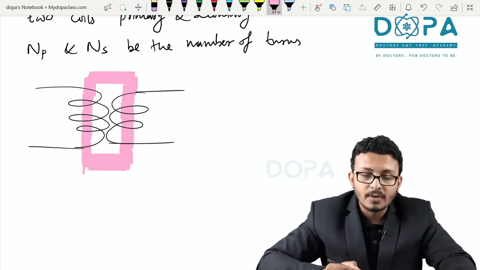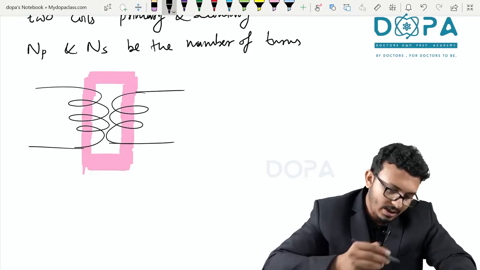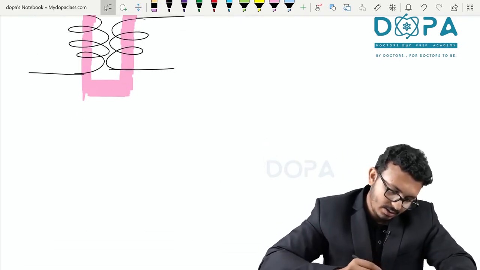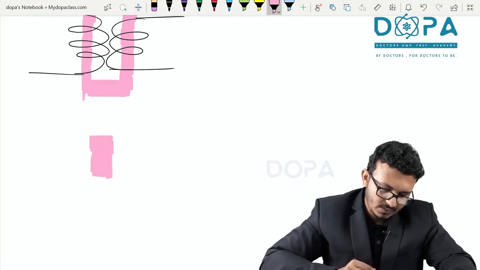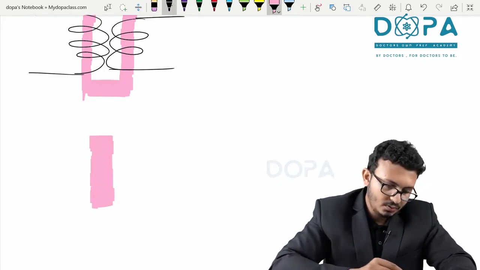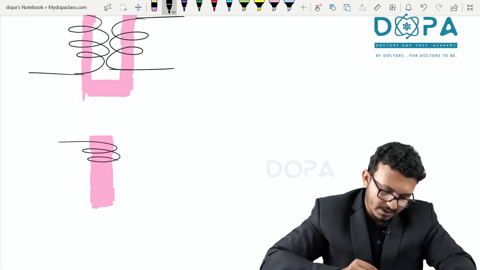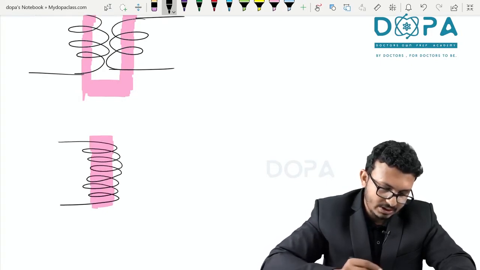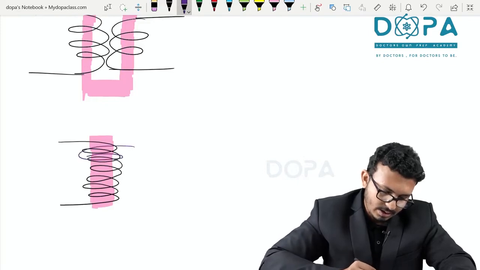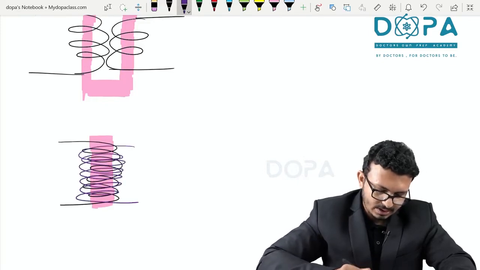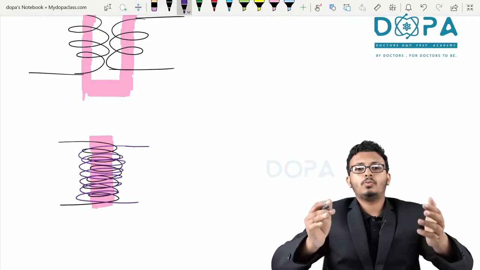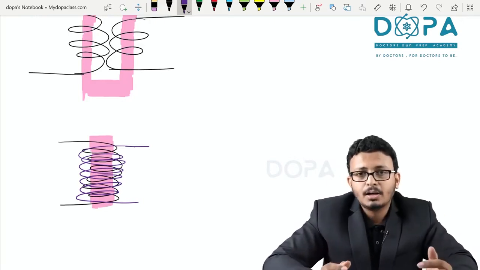This is one way. Another way is to use a single core and use the windings on top of each other. Definitely the windings do not touch; they are insulated coils. Whichever way we use doesn't matter.